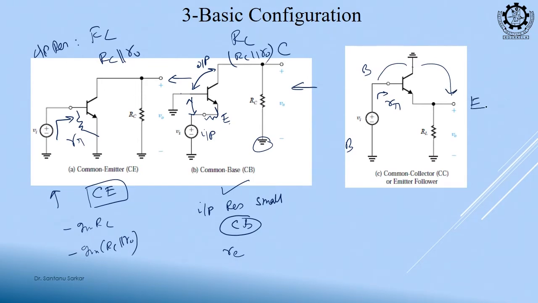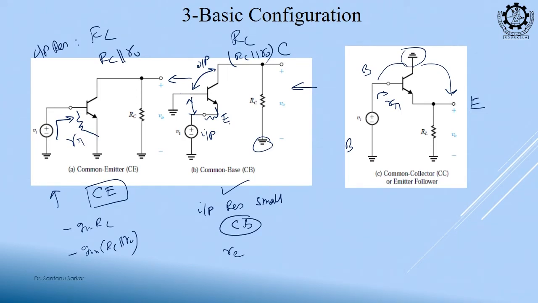So, do you understand the difference between common emitter and common collector? In common emitter, output is taken from the collector side, emitter is grounded. It is grounded, but in reality will it be ground? It will actually be VCC. This is AC ground, not the real ground. This should actually be connected to VCC, maybe with a resistance.